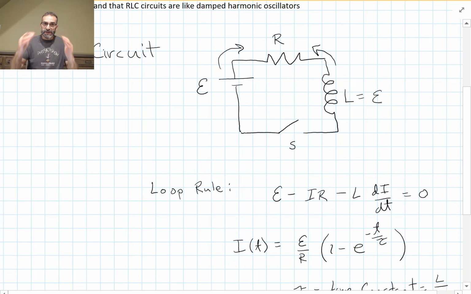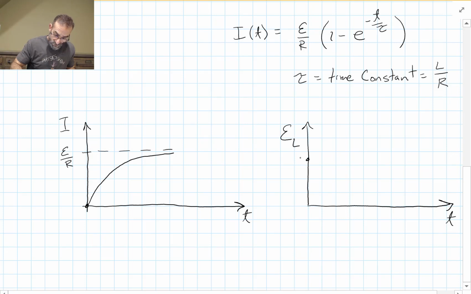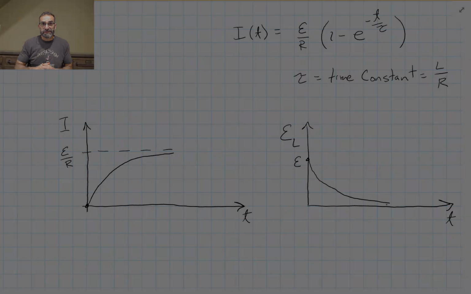They must be pushing with the same potential difference as the battery. And then over time, that drops off. And at infinity, it's gone to zero. It no longer pushes back at all, and our current is just E over R.